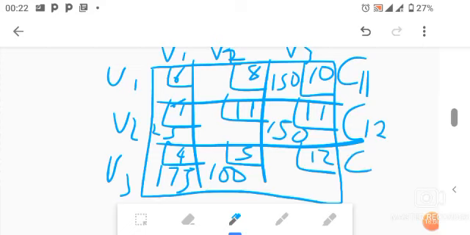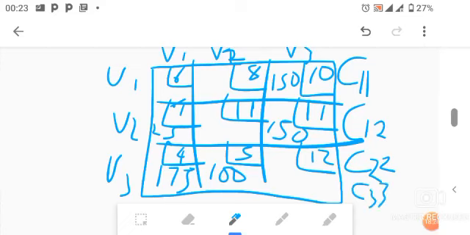How do you write its position? It's in row 2, column 2. So it's just row by column, in short. The next unallocated cell has a cost of 12 and is in row 3, column 3. You're done.